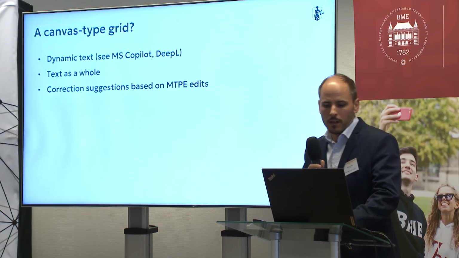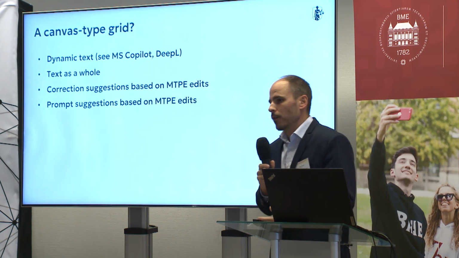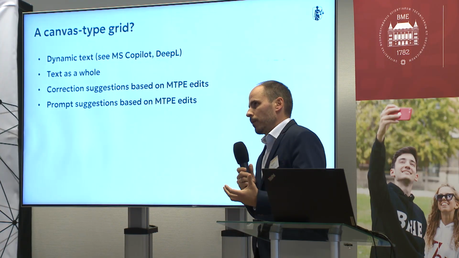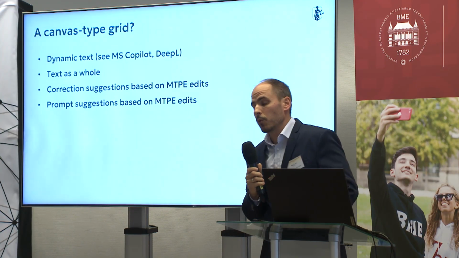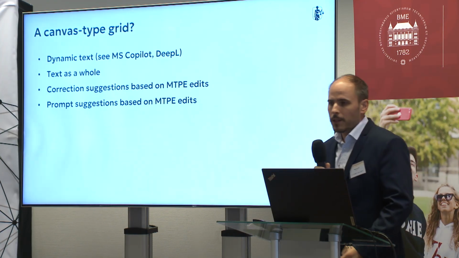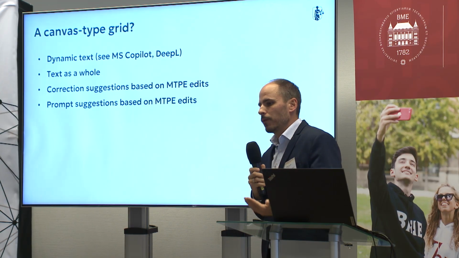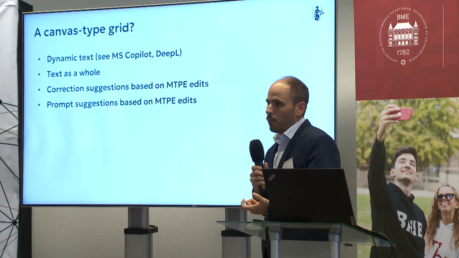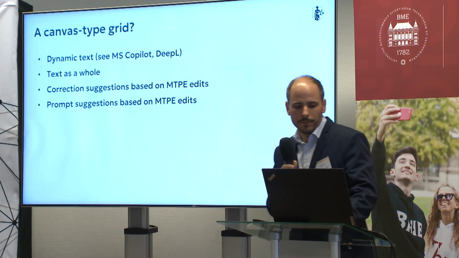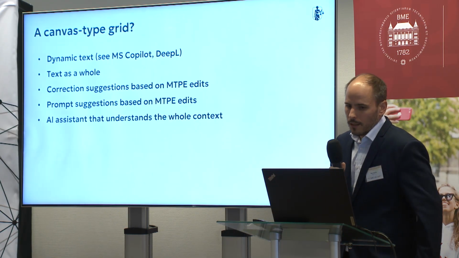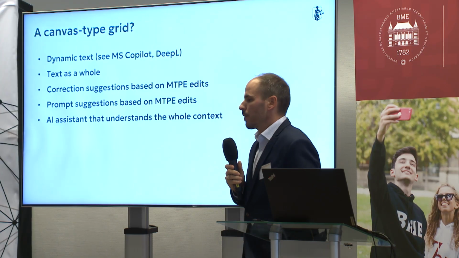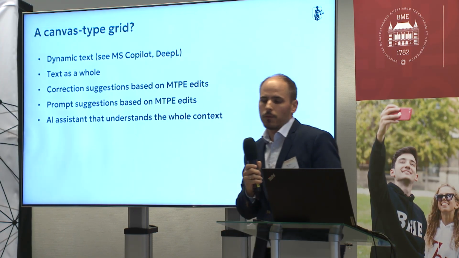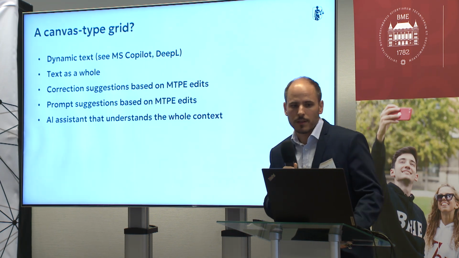And of course, if it already recognizes my editing pattern, it could put it in my prompt. So in the next round of translation preparation, those mistakes won't be included in the first place. And this goes for the AI assistant, which is not fully useful now, but could be much, much more if it weren't restricted to the segment level.